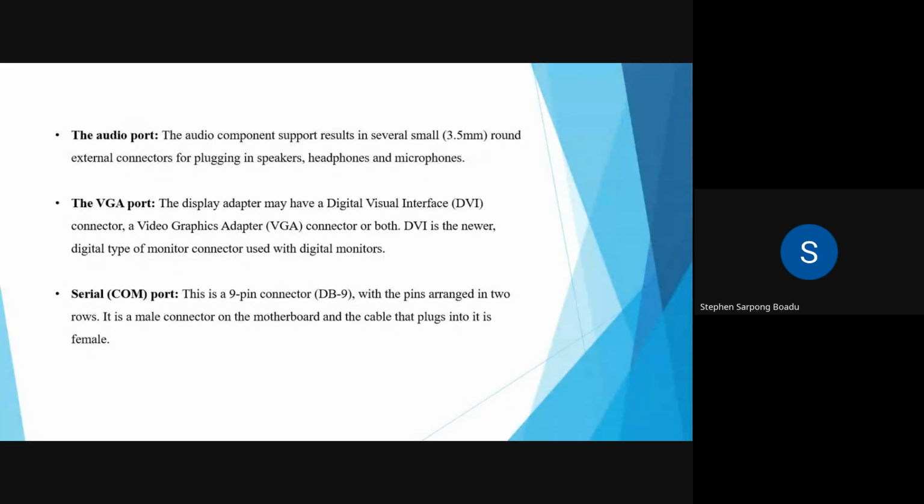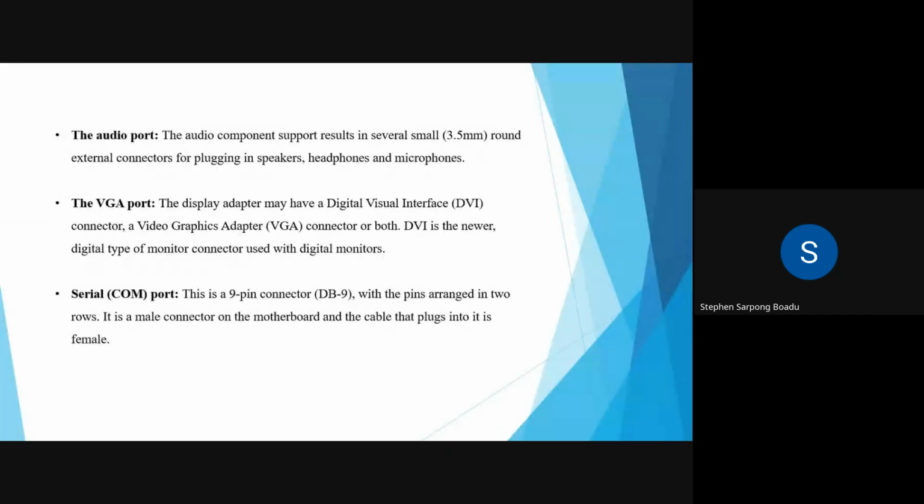Then we have the VGA or DVI ports. For the display adapter, we have a digital visual interface connector, a video graphics adapter connector, or both. DVI is the newer type of monitor connector used with digital monitors.